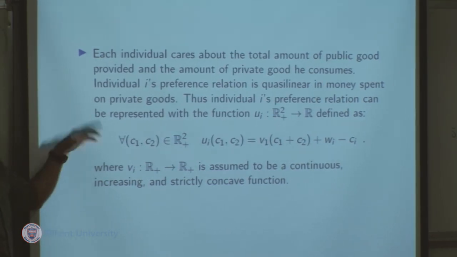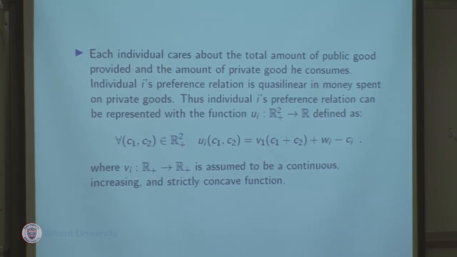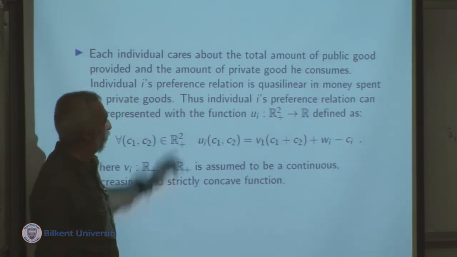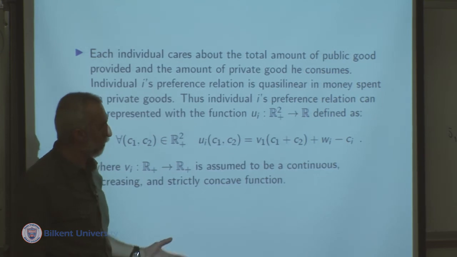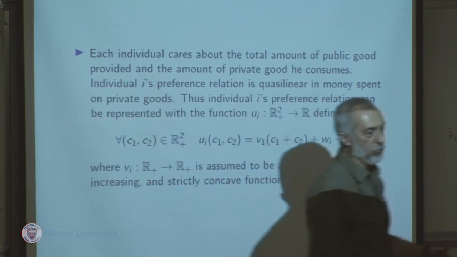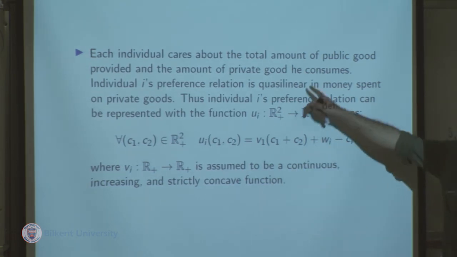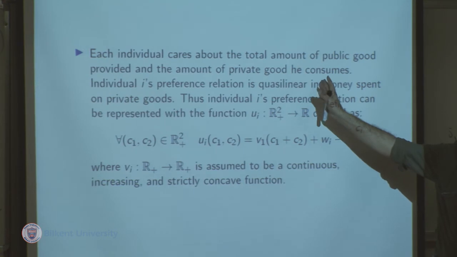We assume that individuals' preferences are such that they admit a numerical representation which is quasi-linear on money spent on private goods. By quasi-linear in money spent on private goods, we mean, the economists who took 203 probably saw quasi-linear preferences, I assume, 203 or 204.